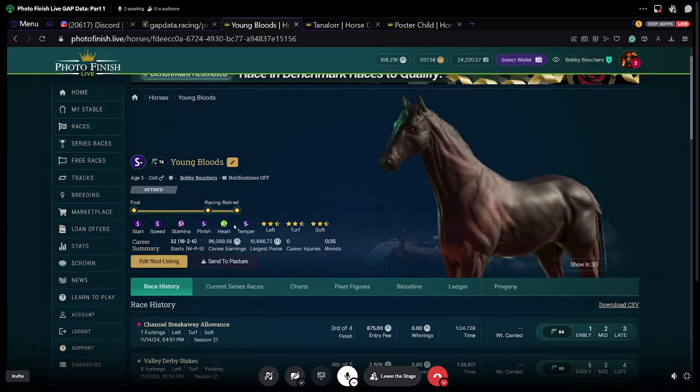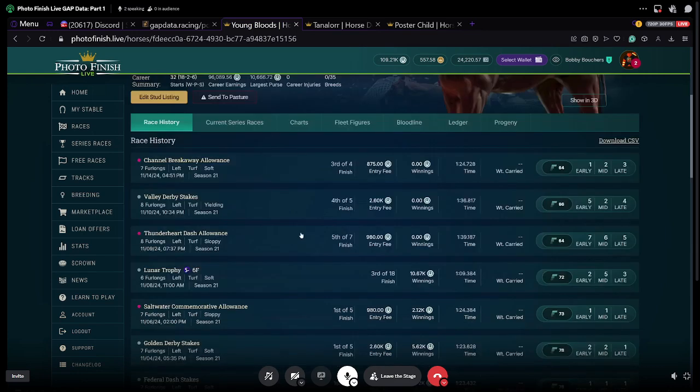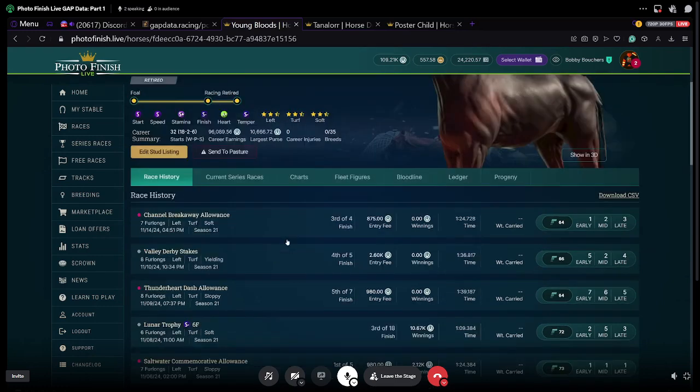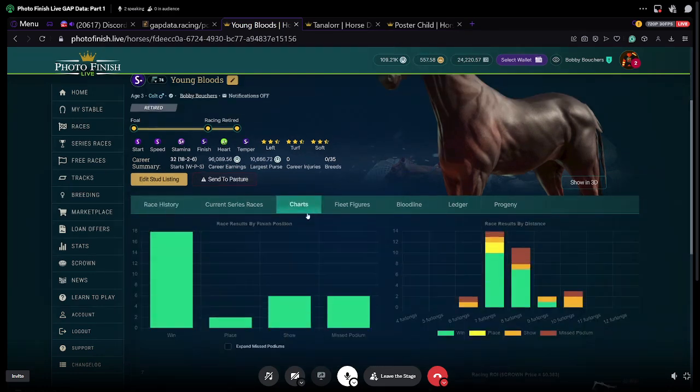So he has a defective heart, right? And my theory, I kind of have a theory because he literally dropped off a cliff. Maybe my theory is completely wrong, but his stats are incredible. Six missed podiums.